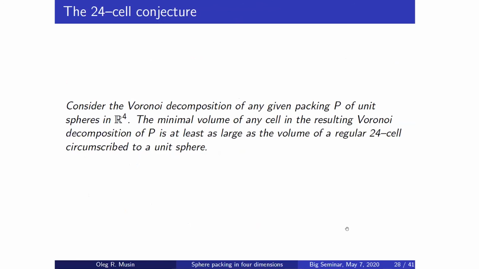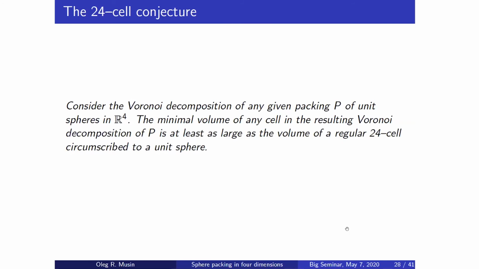Let me present the 24-cell conjecture. I call it the 24-cell conjecture, in my terminology. Of course, it's a conjecture that all experts use, but I gave the conjecture its name, and people actually use it now. I'm proud that I gave this name. The conjecture is the following.